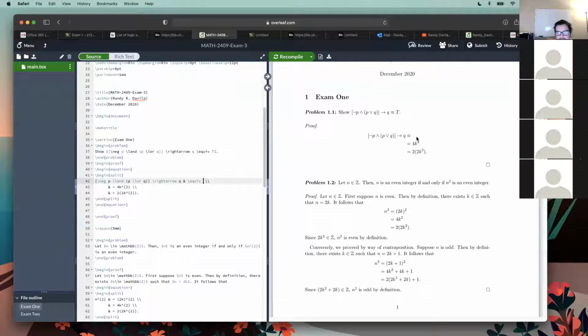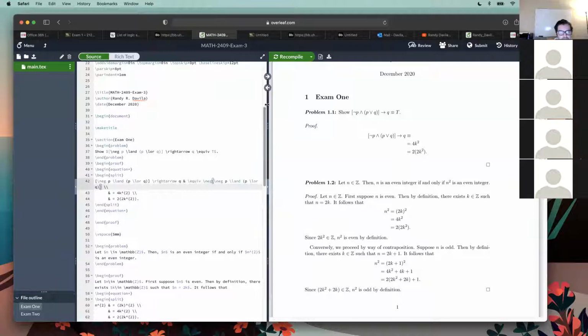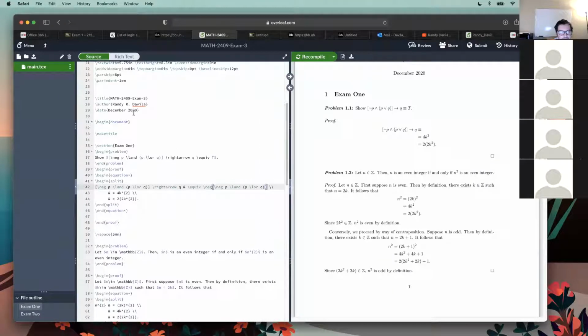All right, so what is this equivalent to? Well, I'm going to use star, so it is not P or Q. To save time, I'll copy, paste that in, and I need some more space here.